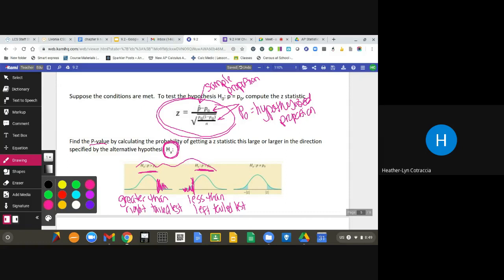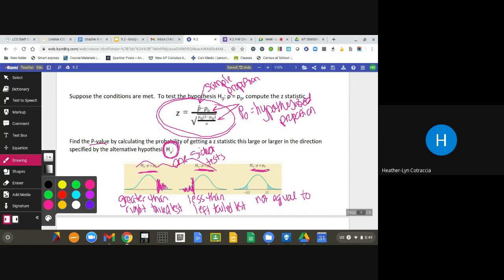Now, both of those are one-sided tests because you're only finding the probability of being greater than or less than, not both of them. Now, if in your alternative there's a not equals to, so what you're saying there is you're not asking whether, let's say, a certain proportion of the people is less than what's predicted or greater than what's predicted.